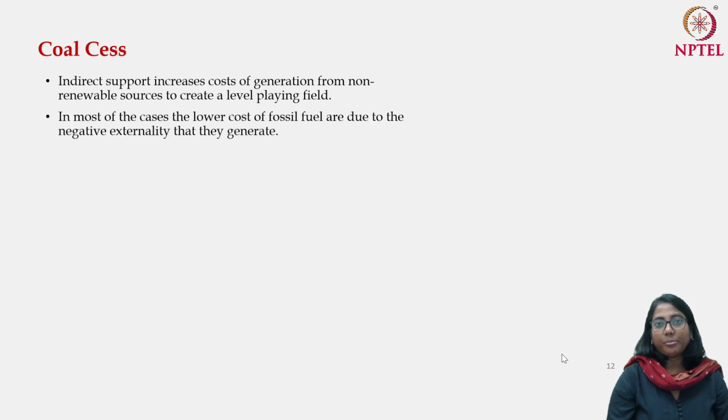Now, why is it so important to have this kind of structure in place? This can be legitimized in terms of the following argument: in most of the cases we have seen, the lower cost of fossil fuel based power is due to the fact that they do not internalize the negative externality that they are creating.